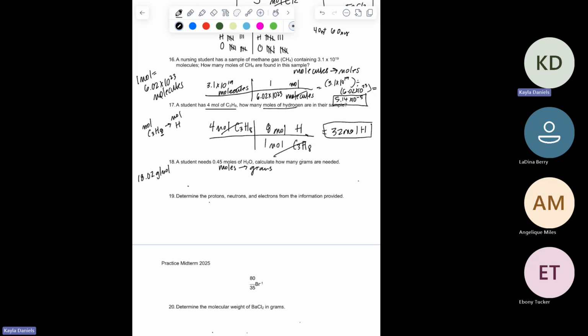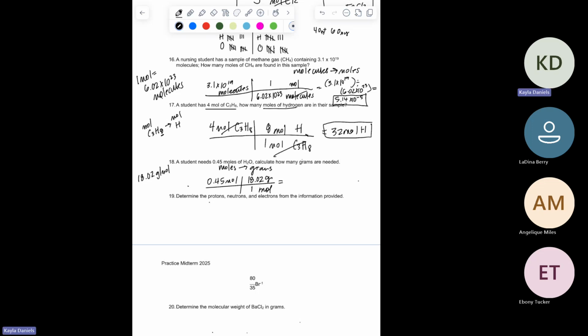So we're going to start with 0.45 moles. I'm going to set up my T-chart. I want moles on bottom because I want them to cancel, grams on top. The 18.02 is married to the gram, so since I put the grams on top, I'm going to put him on top. And then I'm going to put 1 mole on bottom.